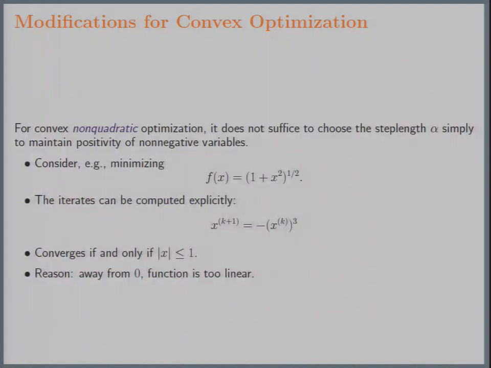And the iterates of the interior point method, which in this case are just exactly Newton's method, do exactly what's shown there. And I can maybe sneak a little picture in here of what's happening. This function here, the square root of 1 plus x squared, what does it look like?